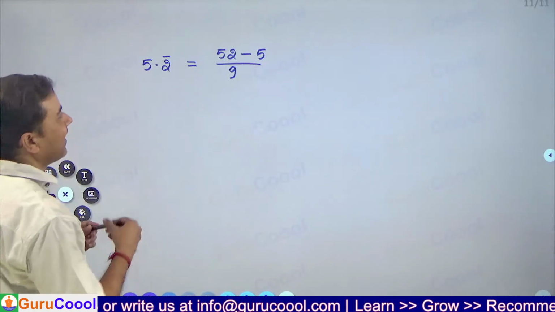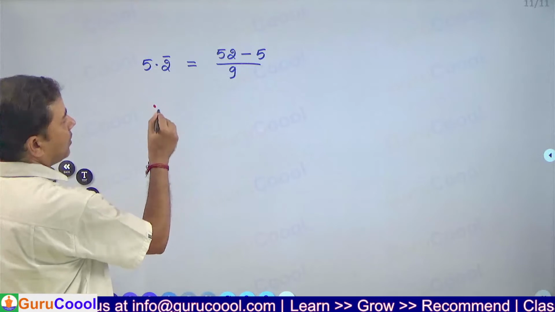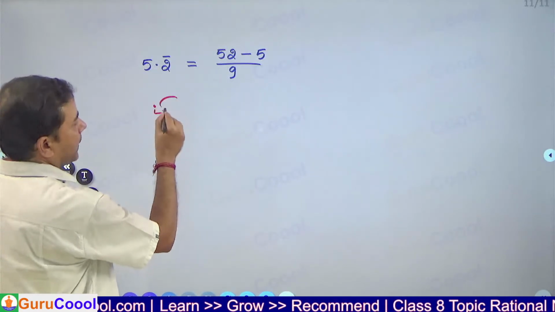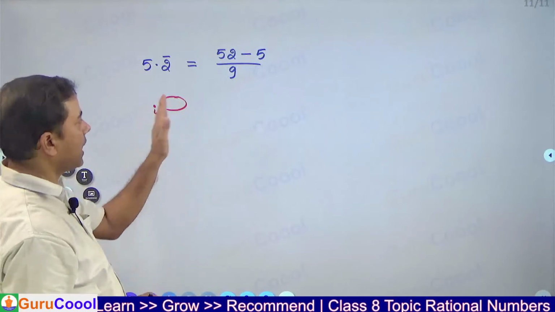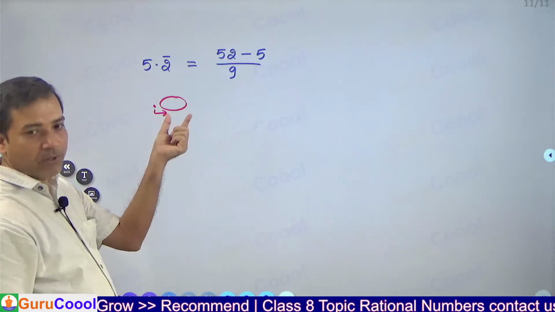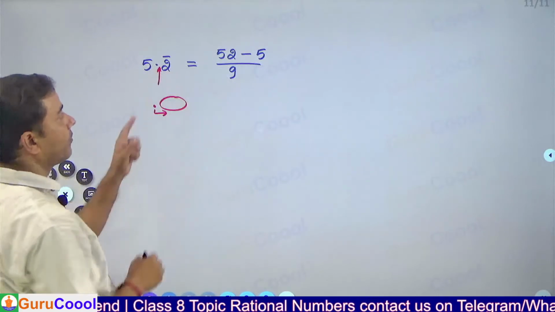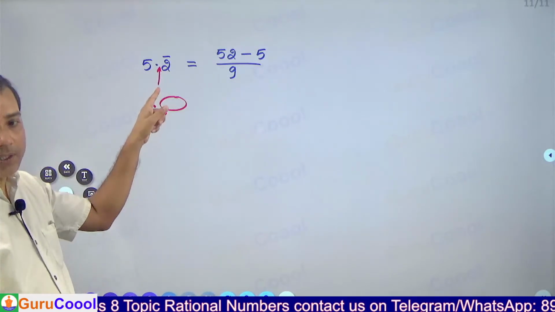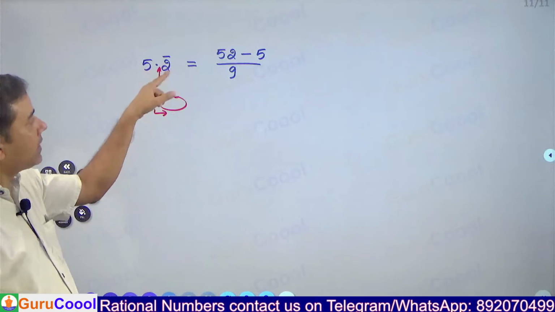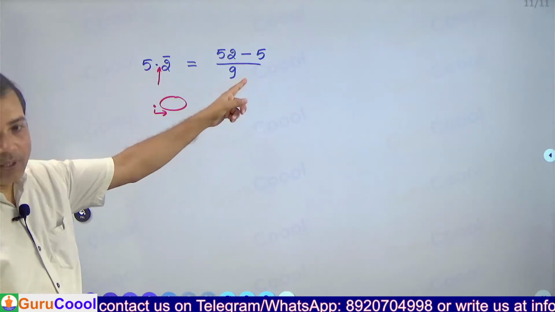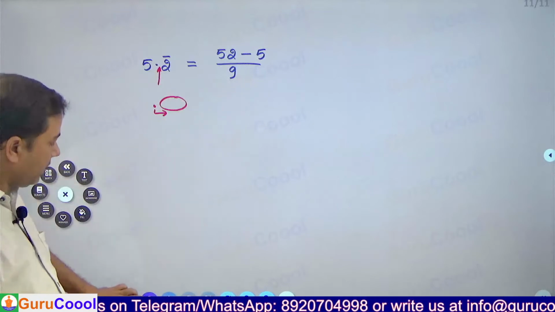Okay, see. On the right side of the decimal without bar sign there is nothing. So no zero will be there. Okay?